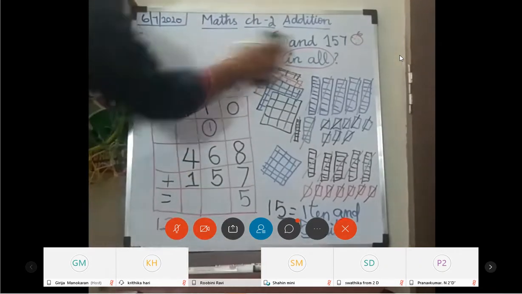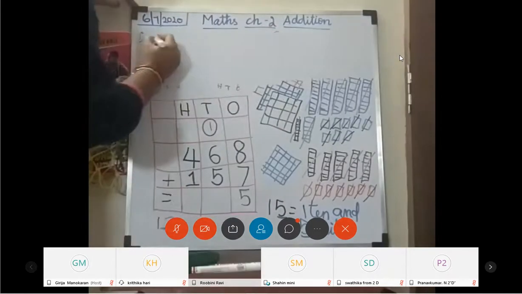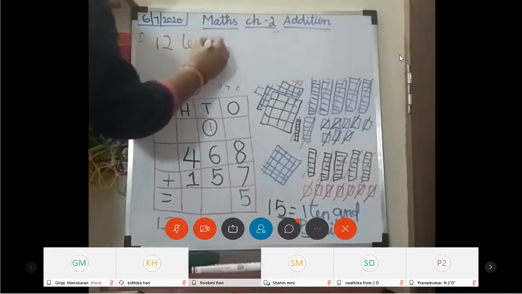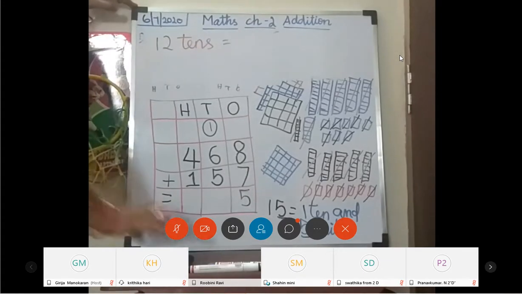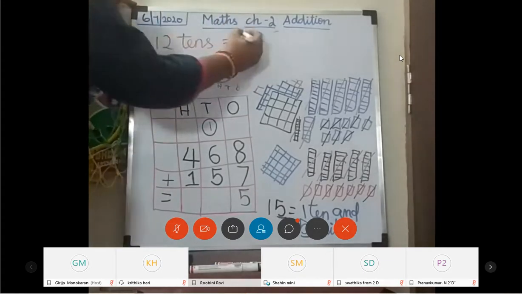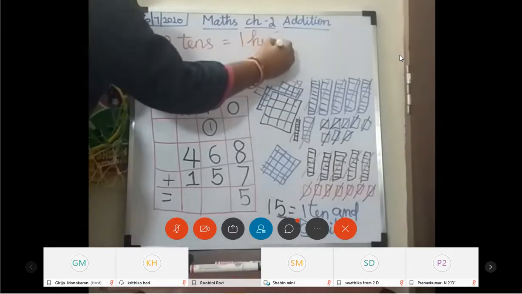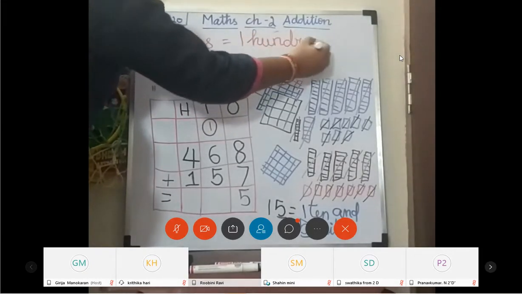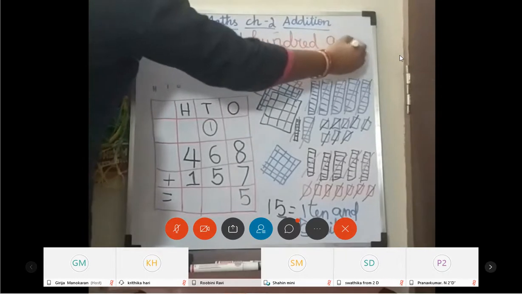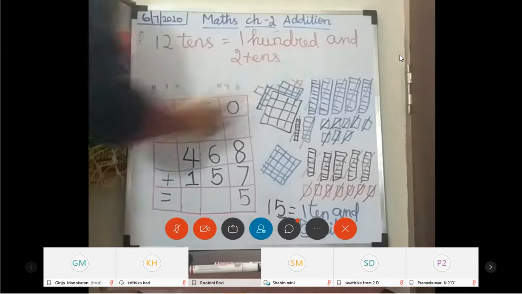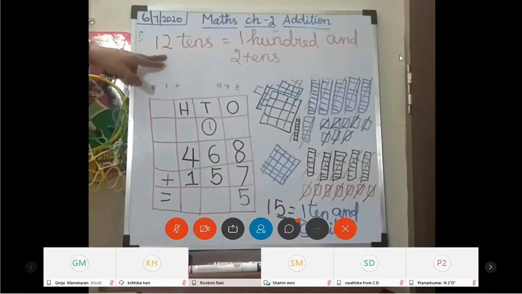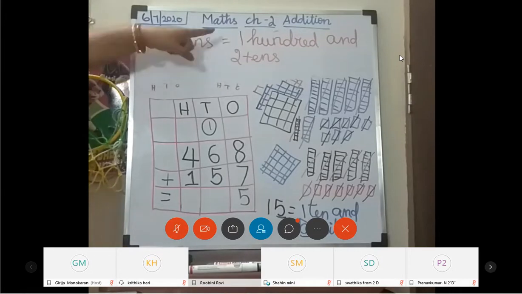That's the place I will drop here. 12 tens is equal to what? 10 tens is equal to 100, no? 1 hundred and 2 tens is 12 tens. Could you follow me?